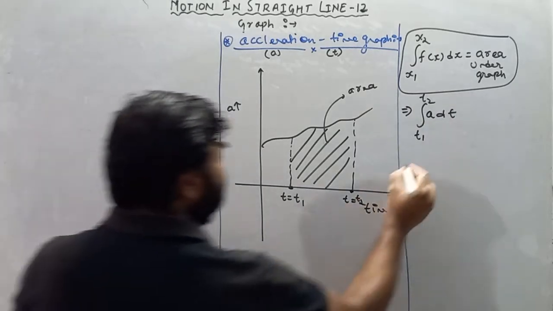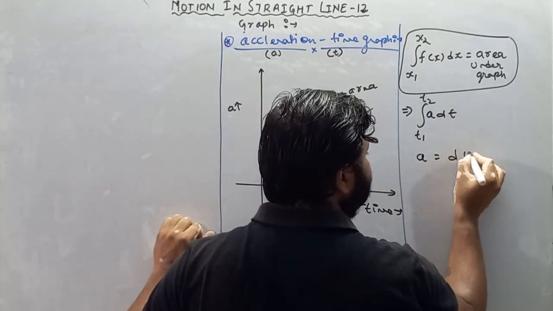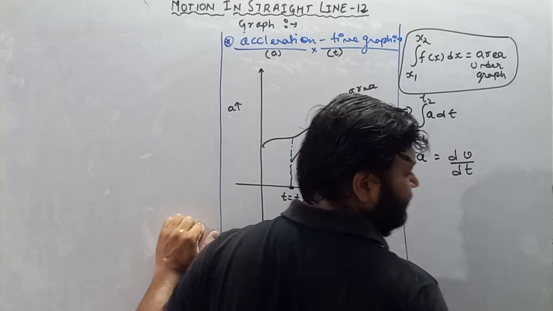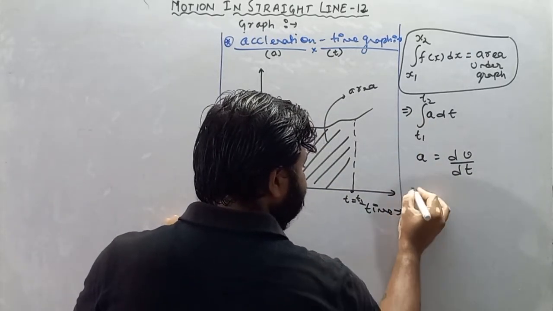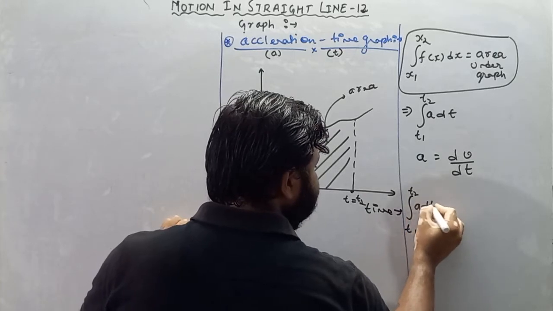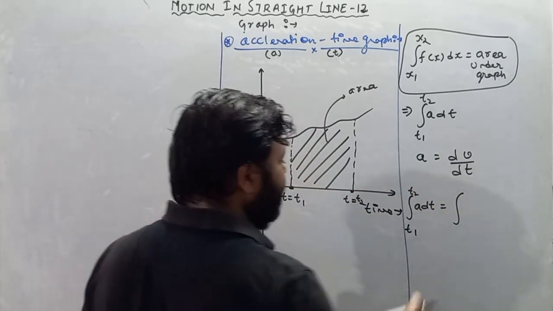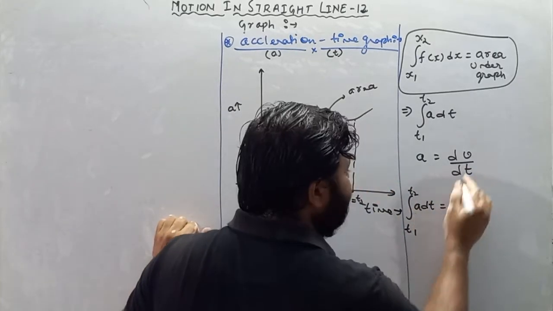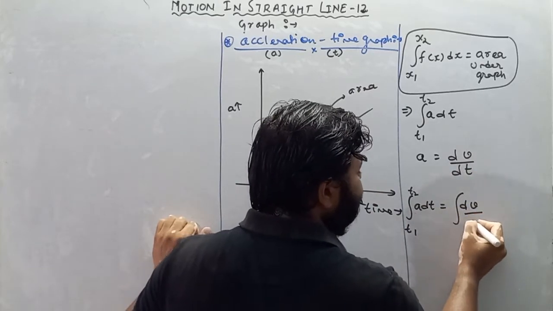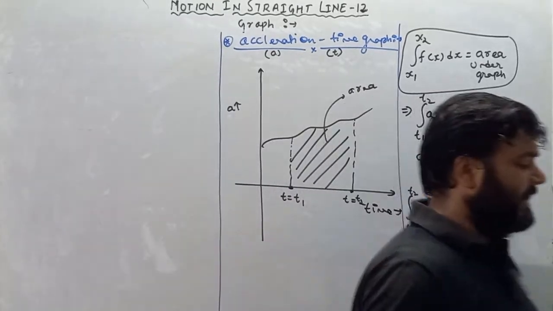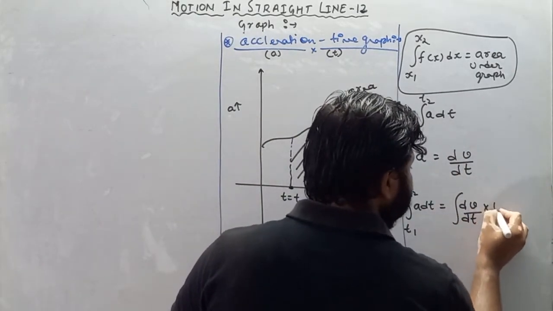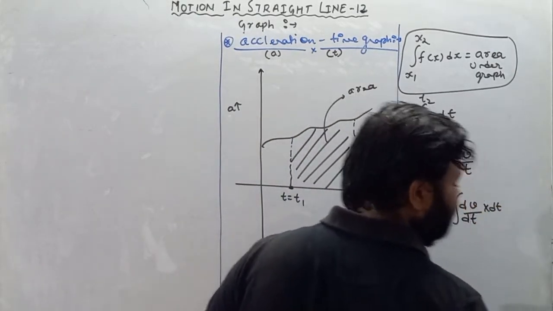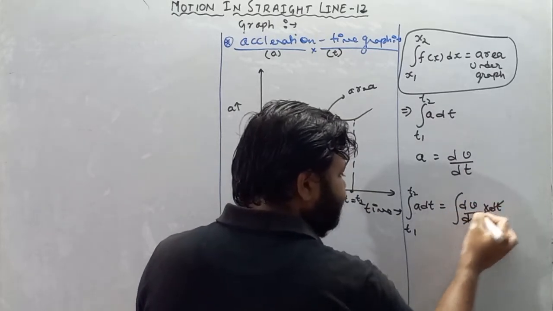So we know that acceleration is nothing but change in velocity with respect to time. So if I write here the integral from t1 to t2 of a dt, which is equal to the integral, now instead of acceleration, I'll write dv by dt here, into dt, with certain limit. Now see, my dear student, dt gets cancelled.